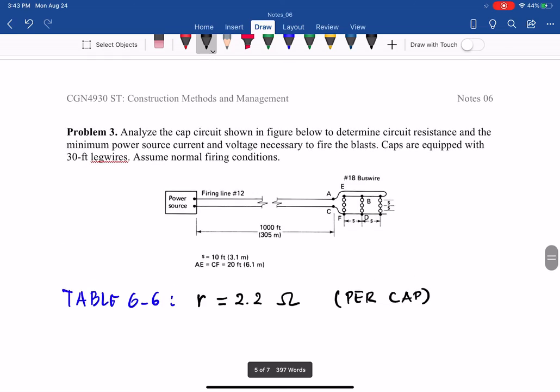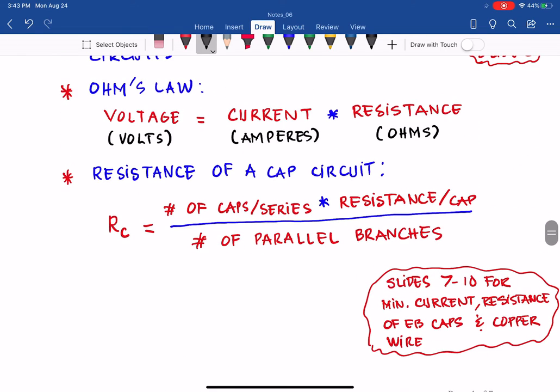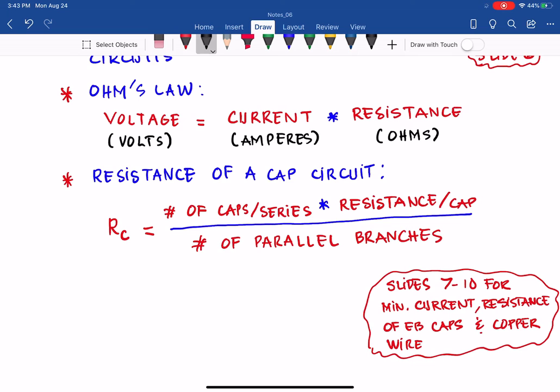How to determine the resistance for a cap circuit? That's the equation here: RC equals the number of caps per series times the resistance per cap that we just determined, divided by the number of parallel branches.